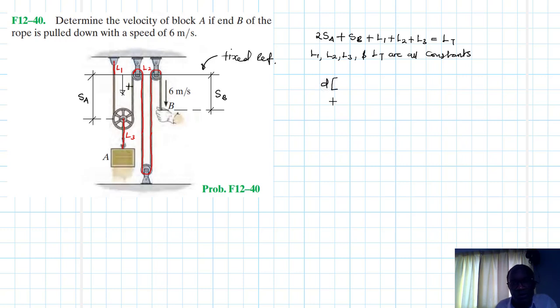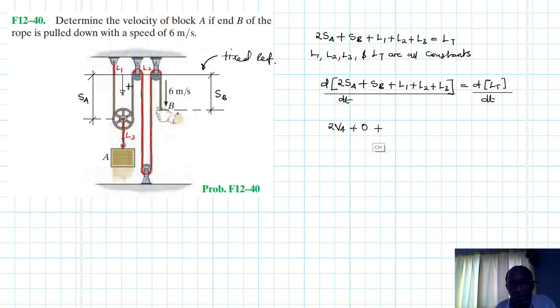So I copy the whole lot of this and bring it here, equal to d L total over dt. On this side we are going to have 2 VA plus 0, plus VB plus 0 plus 0 plus 0, equal to 0.